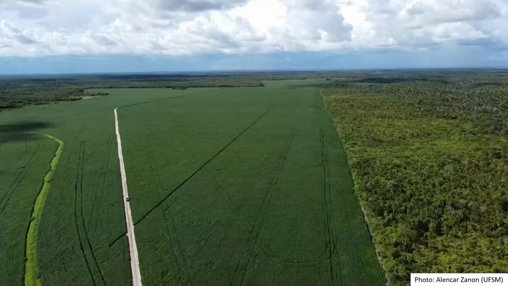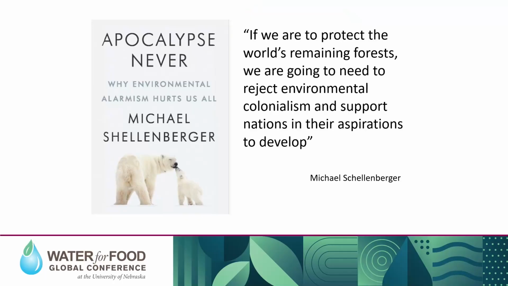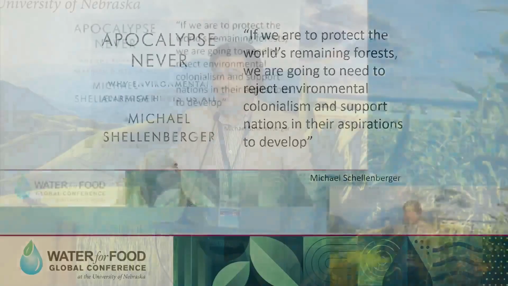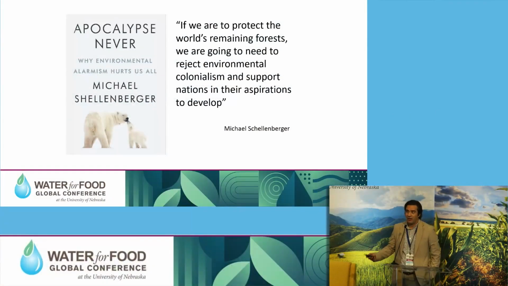And I think that if we want to have a dialogue about what could be done to reach a reasonable balance, it's important from the get-go to get rid of any sort of environmental colonialism in which we tell Brazil or other countries what to do with their own natural resources, and instead we try to work together, look for compromises, for approaches that can help to balance our production goals with the aspirations of environmental protection.